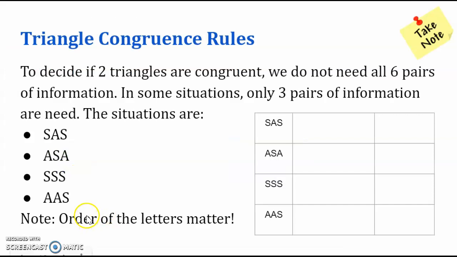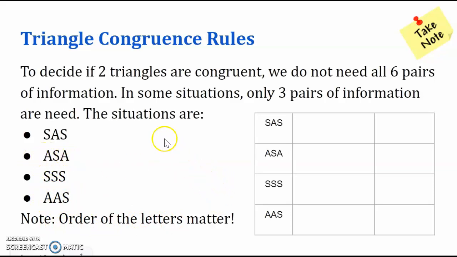So now you're going to take some notes. Triangle congruence rules: to decide if two triangles are congruent, we do not need all six pairs of information. Instead, in some situations, only three pairs of information are needed. The situations are side-angle-side, angle-side-angle, side-side-side, and angle-angle-side. Note that the order of the letters matters, meaning that you can't just swap those letters.